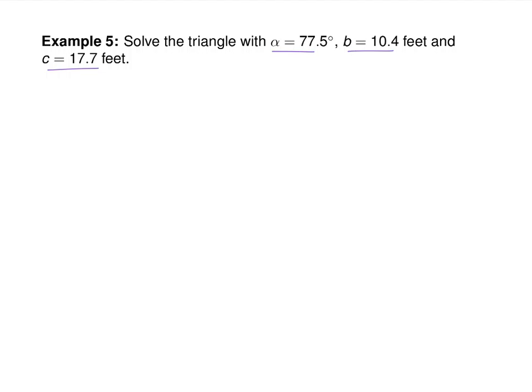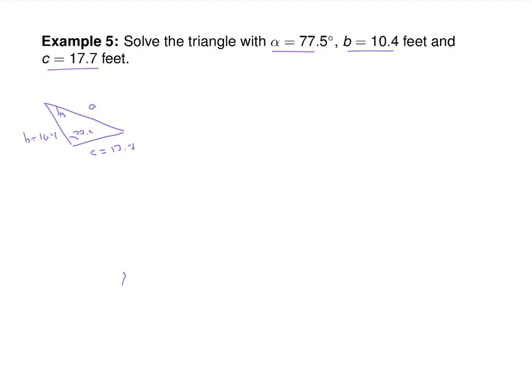So here's my little picture of the triangle. Alpha is 77.5. B is 10.4. We put that in the same place I've been putting it all day. So B equals 10.4 and C is 17.7.